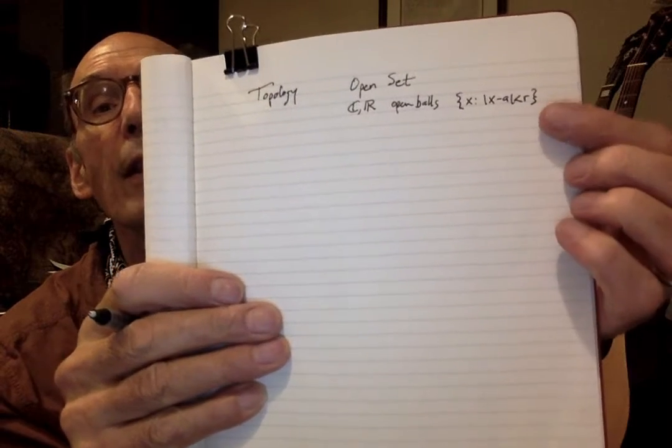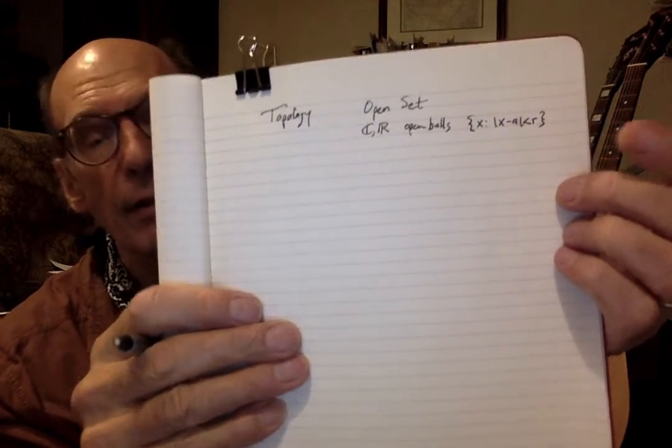And so a set is open if every point has an open ball around it. And so the open balls, they're sets that look like this, where the absolute value of x minus a is less than some radius r. Very important that it's less than. And so that's an open ball.